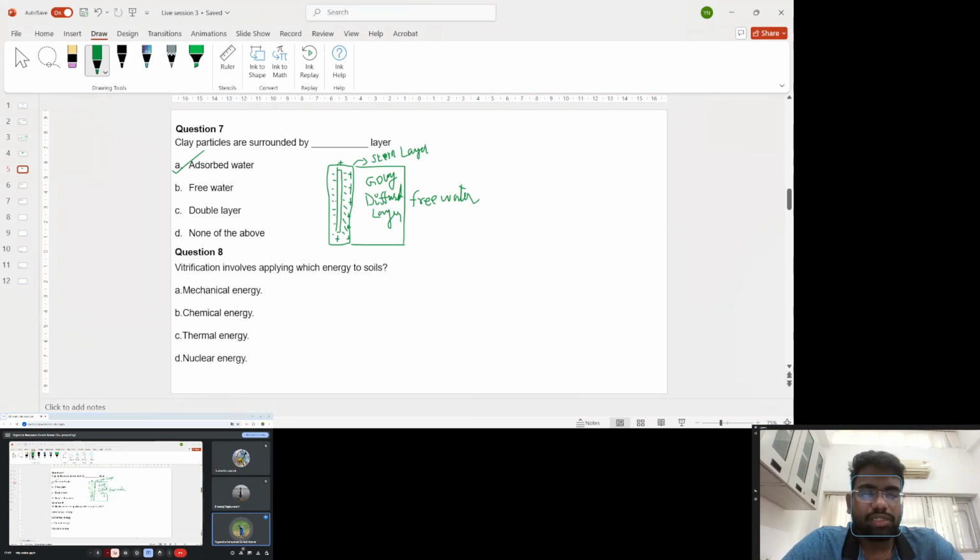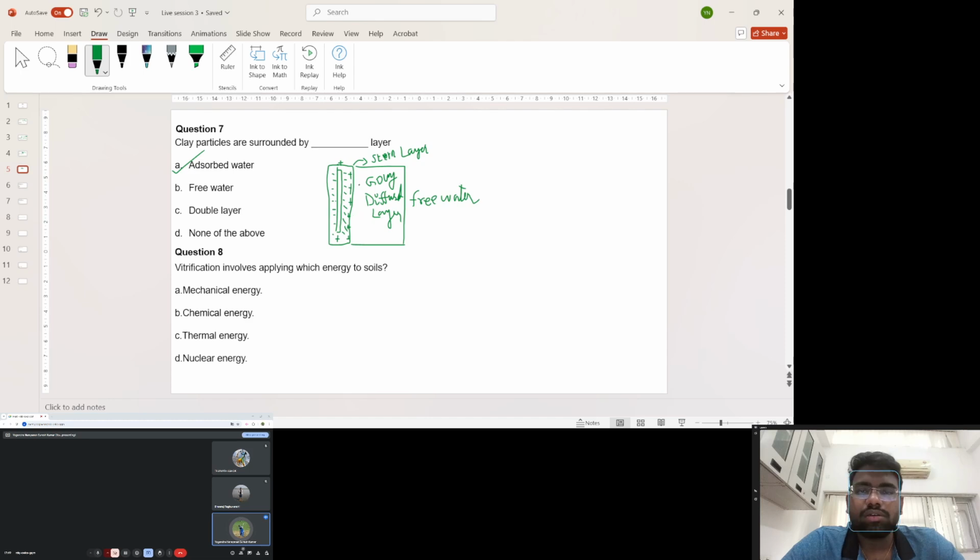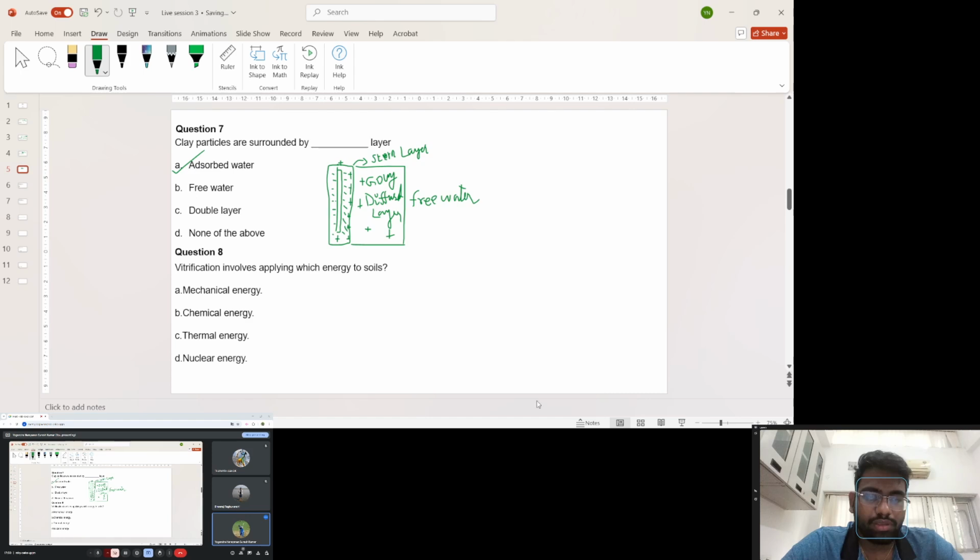And one more point is, this is also positive charges. So what type of interactions prevail between these two layers? Any idea? First of all, are you able to understand this, or are you finding it too much? Yes, sir.